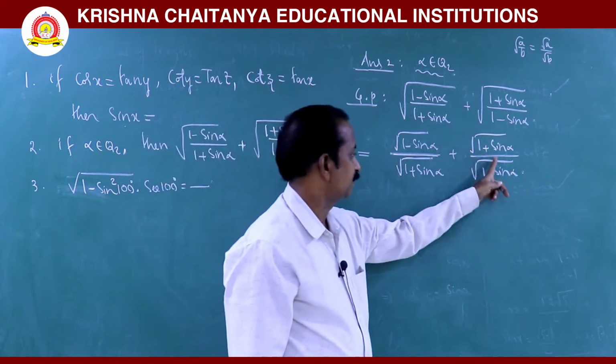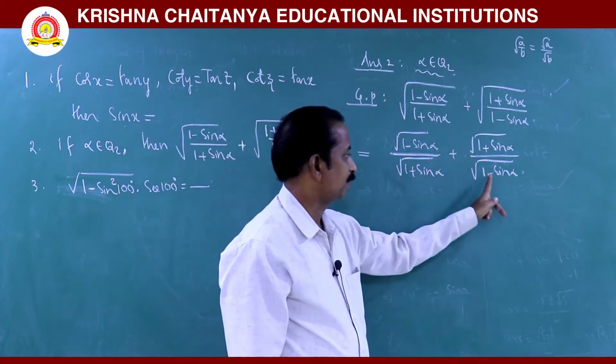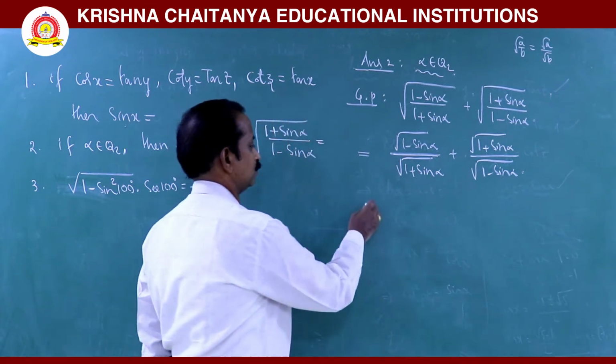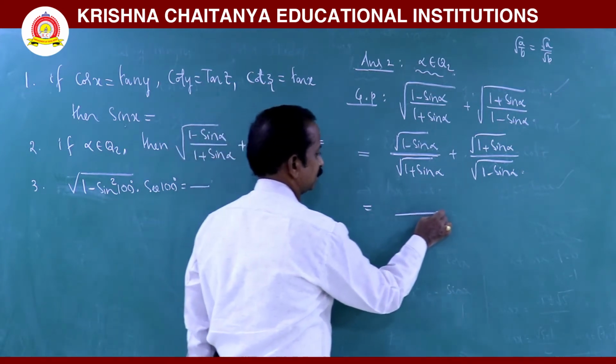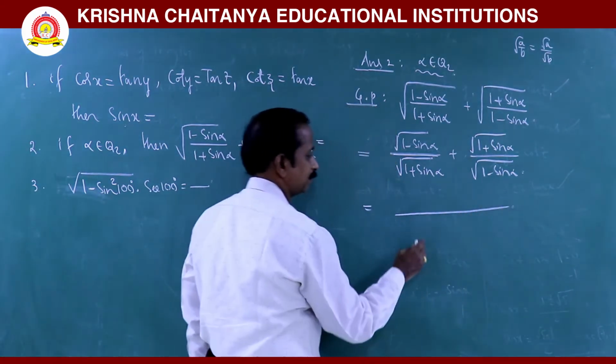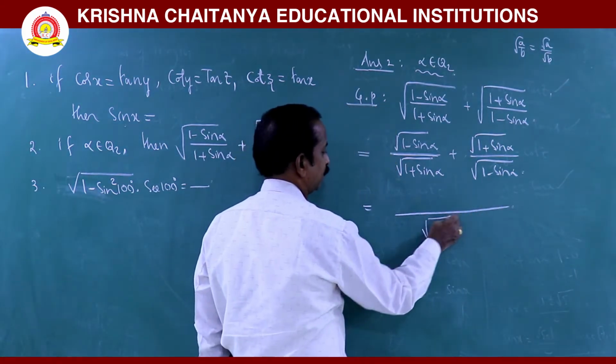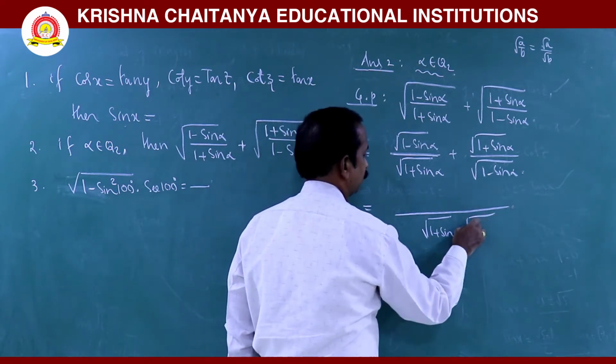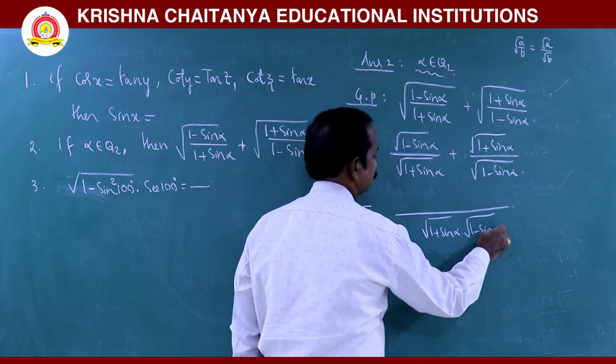Of these fractions, root 1 plus sin alpha into root 1 minus sin alpha is the LCM. So let us take the LCM, which is nothing but root of 1 plus sin alpha into root of 1 minus sin alpha.